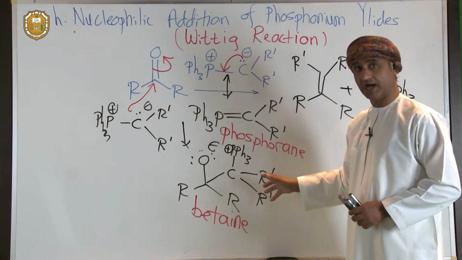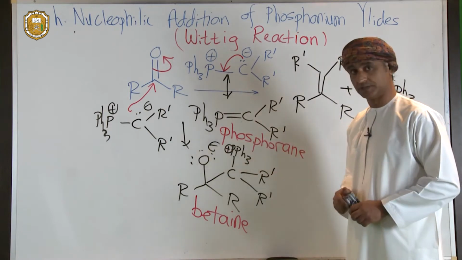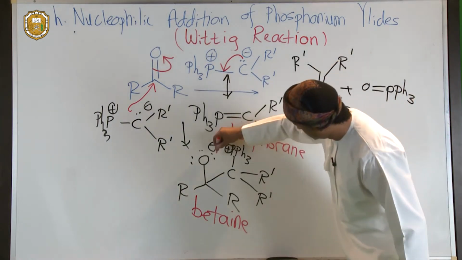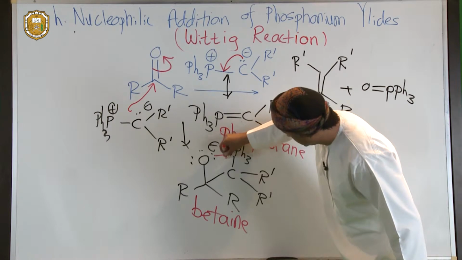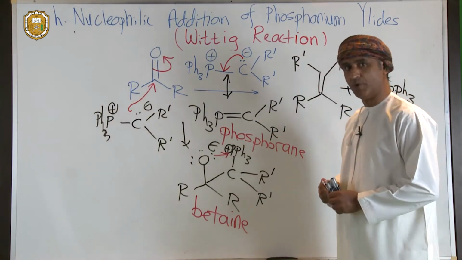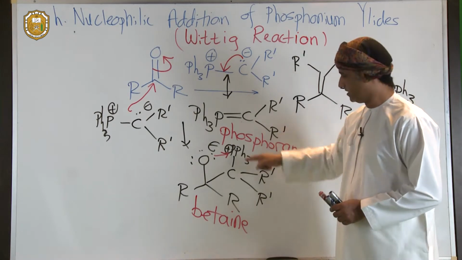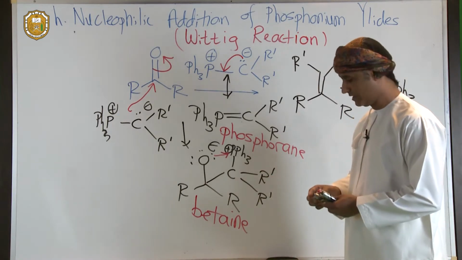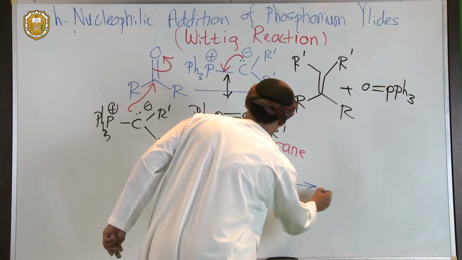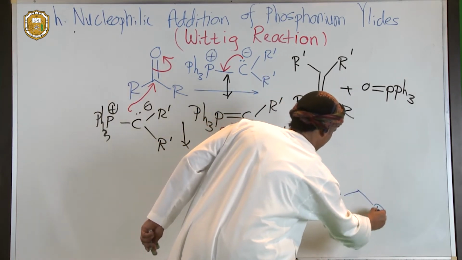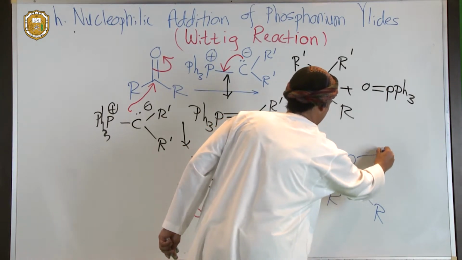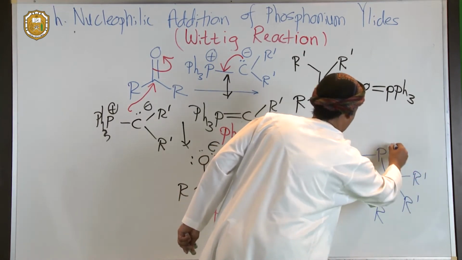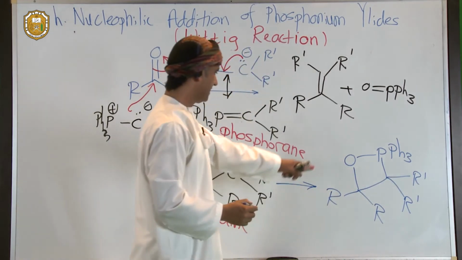What the betaine can do now is cyclize. The negatively charged oxygen can attack the positively charged phosphorus, as indicated by the curly arrow. So we make a bond between oxygen and phosphorus, and the betaine intermediate will therefore cyclize to give another intermediate.